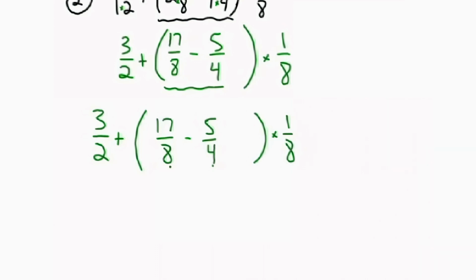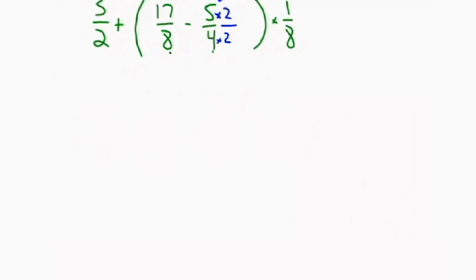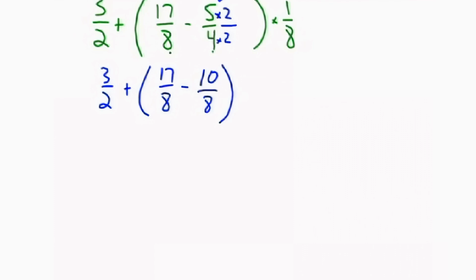And remember, you have to multiply the bottom by 2 to get 8, and so we must do the same to the top. So we're going to multiply this fraction here by 2/2. And that's going to give us now 3/2 plus, bracket, 17/8 minus 10/8, all multiplied by 1/8.